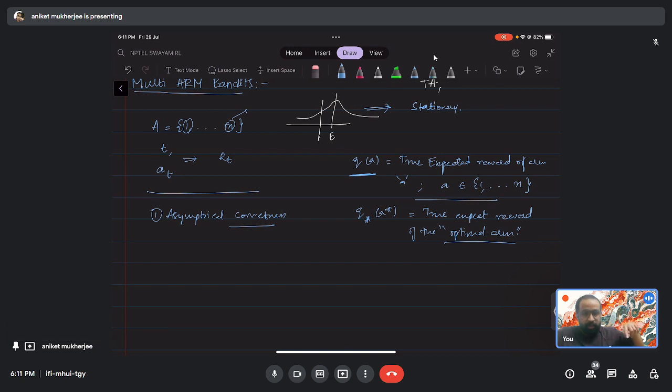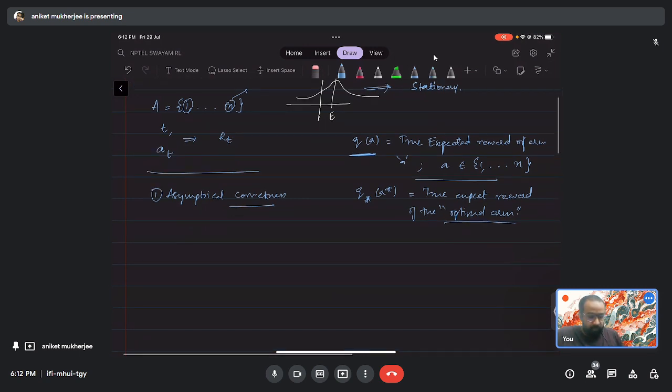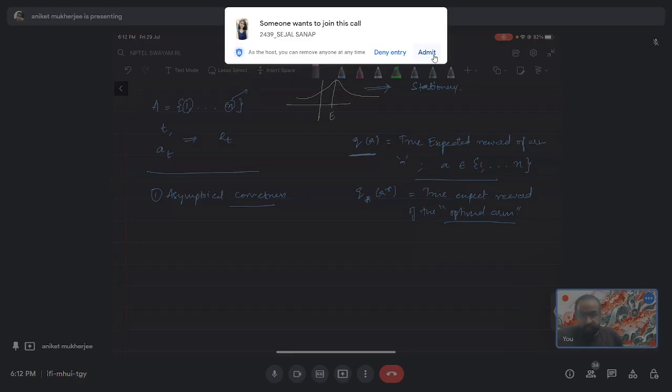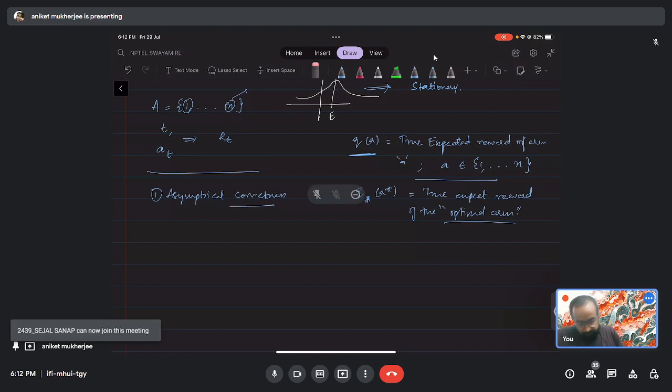So asymptotic correctness is that I want to find the optimal arm that gives the highest expected reward. It asks whether, as I sample to infinity, I get to know the arm that has the greater expected reward. Okay, so the second one is regret optimality.